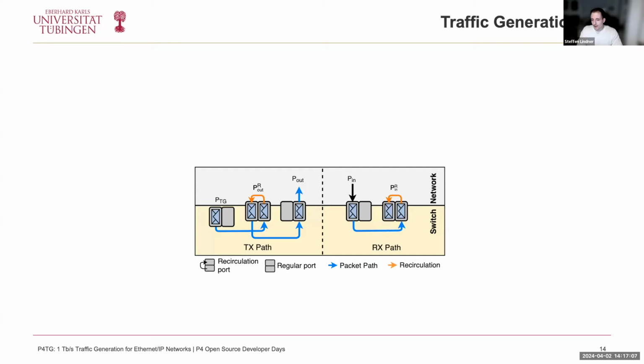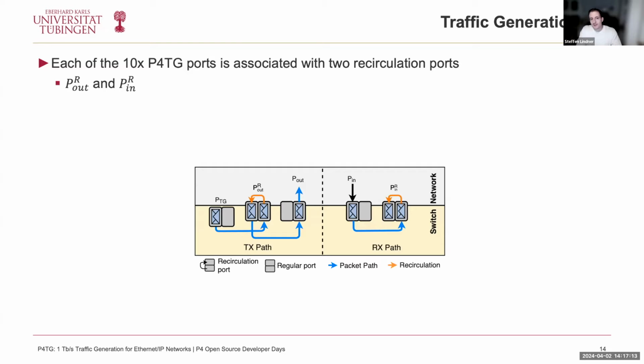The packet forwarding in P4TG is a bit unusual or a bit different than you could expect. I already said that we can have 10 ports that can generate up to 100 gigabit per second, so in total 1 terabit per second, and that's the reason why. We have 10 front panel ports on the Tofino that we use for traffic generation and reception, and then we have per traffic generation port additionally 2 recirculation ports, so ports that are in loopback mode.